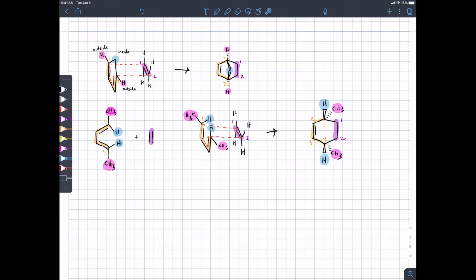So the methyl groups are cis to each other, but trans to the hydrogens. Notice the groups that were pointed outward are cis to each other, and the groups that were pointed inward are cis to each other, but inward groups are trans to outward groups.